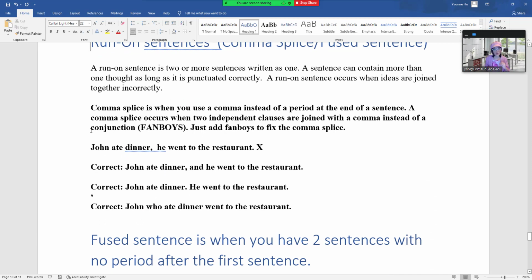You've got the fused sentence and you've got the comma splice. A fused sentence is when you have two sentences together with no period, so that the two ideas are fused together incorrectly. A comma splice is when you have two simple sentences put together with an unnecessary comma. When we put two sentences together, we don't just put a comma there.